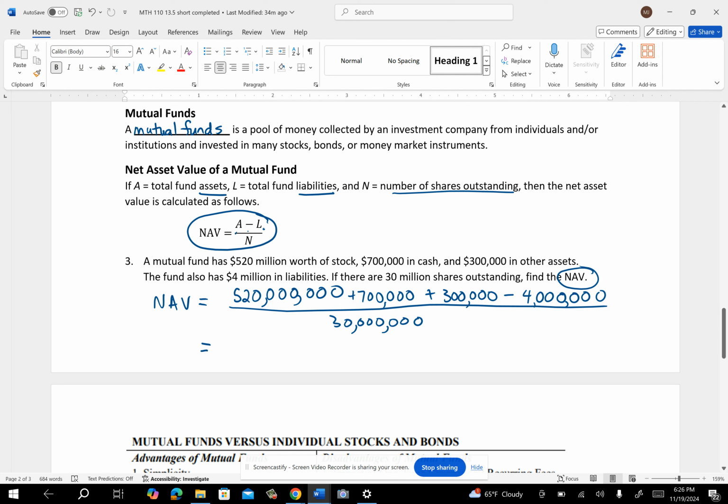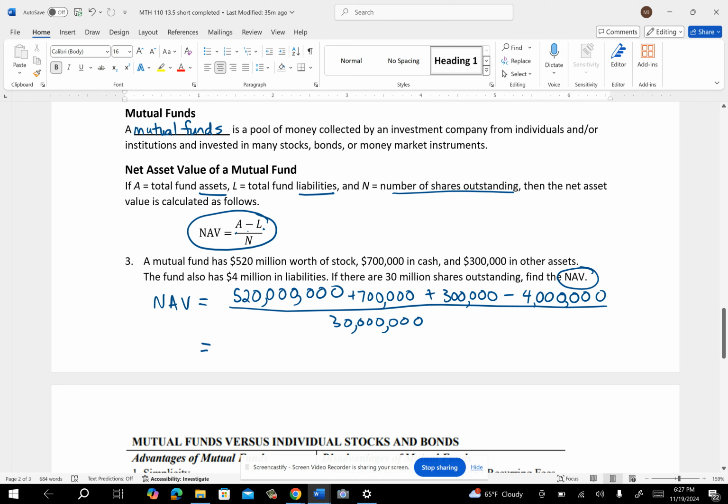I want to go ahead and divide. Let me do it again. So 520 million. Make sure I have the correct number of zeros. 1, 2, 3, 4, 5, 6. I need one more zero. Plus 700,000 plus 300,000. Those were all good things. Then I'm subtracting the 4 million.